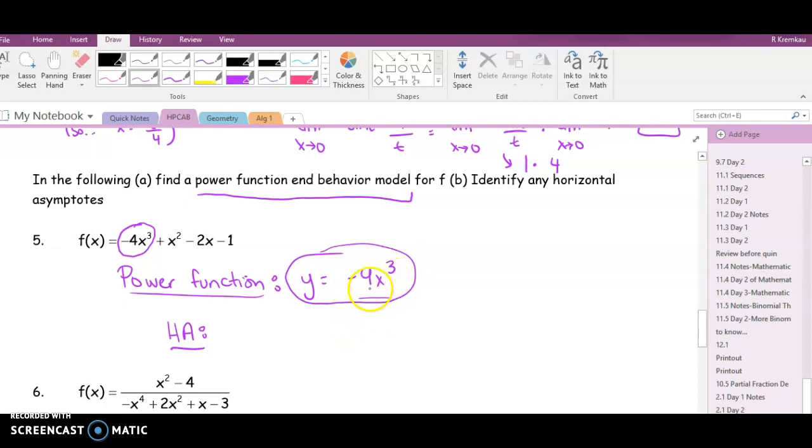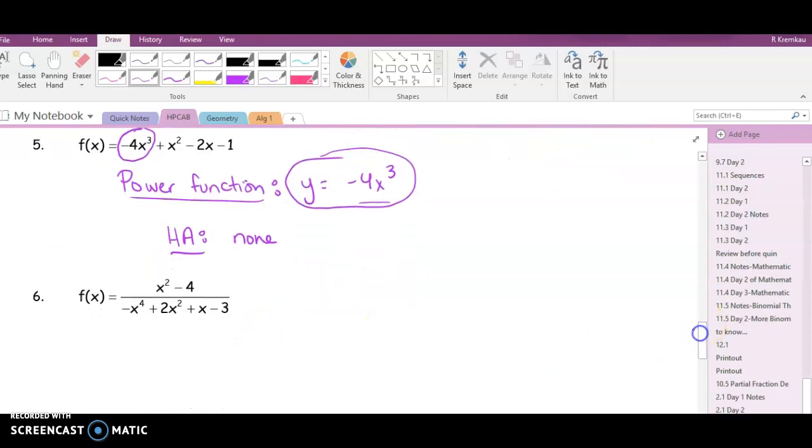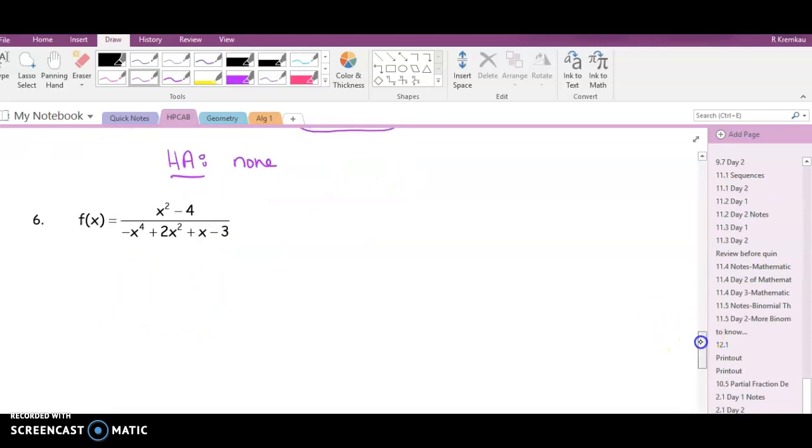There isn't going to be a horizontal asymptote. You could graph it if you needed to, but there is no horizontal asymptote for this particular function. When the degree in the numerator is greater than the degree in the denominator, there's no horizontal asymptote.